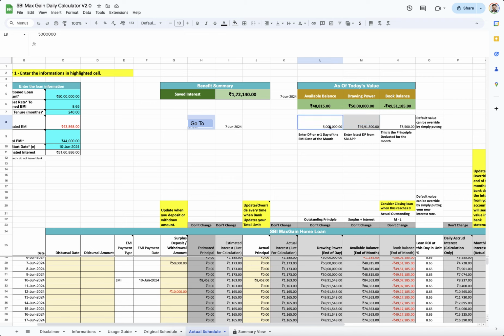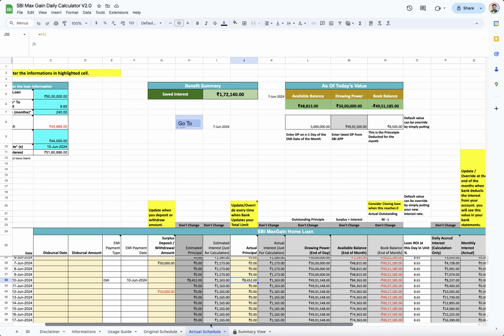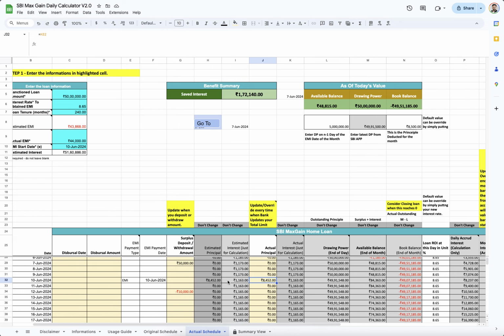So every month, principal deduction, to accurately put it, do this, maintain all these plus and minus entries on a daily basis whenever you are doing some transaction, or at least once a week, sit down and make sure all the entries you are entering are correct, to make sure the forecasting that you want to do based on your parking amount is accurate enough. Okay, so update or override this.